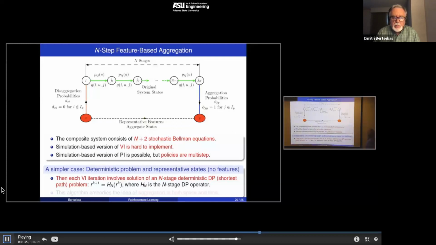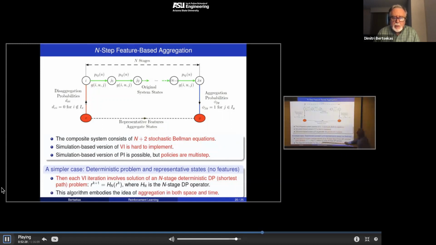Basically, what you're solving is an n-stage value iteration type of equation involving n stages of the dynamic programming operator. So value iteration would take this form, and this would involve minimizations in between, but these minimizations are solvable by shortest path calculations.